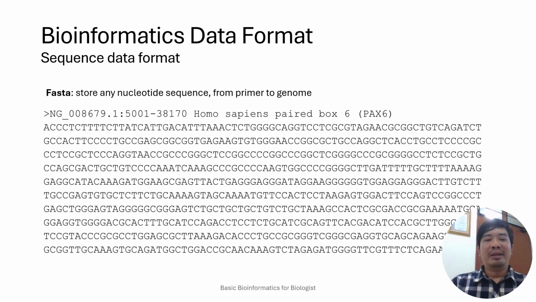Most bioinformaticians use the FASTA file. It is basically an ordinary text file. You can write your own in Notepad, put in a sequence, and there it is, FASTA. But you need to follow the strict rules of the format.